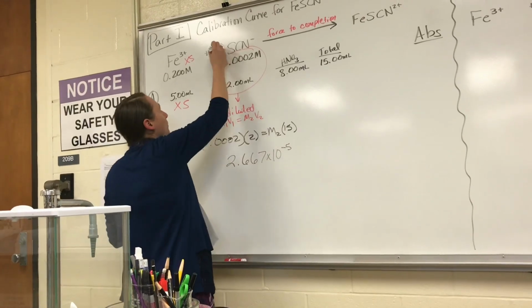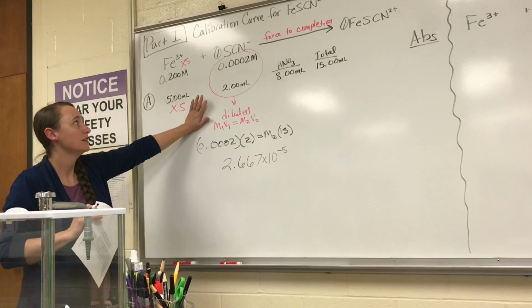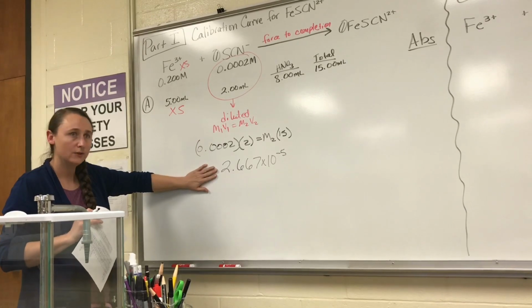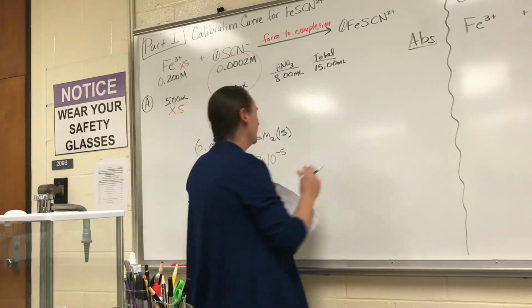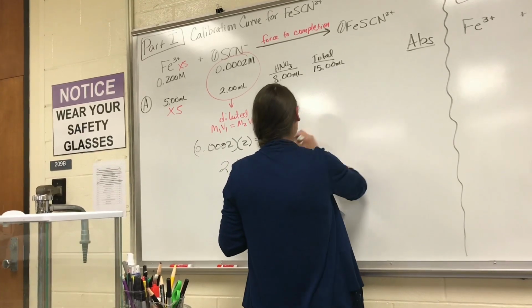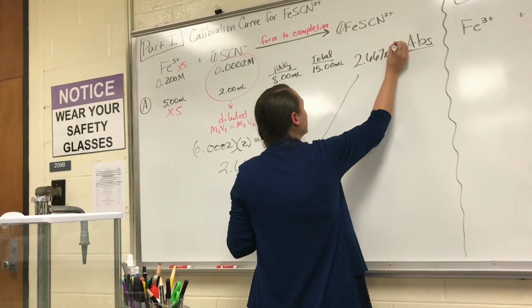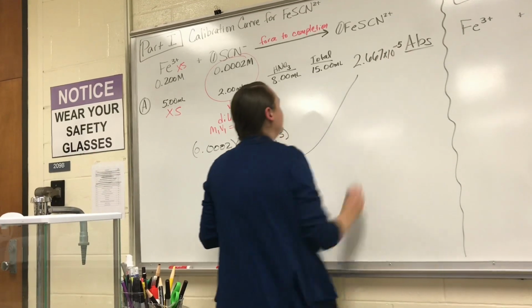This is a 1-to-1 ratio, so however much thiocyanate you added, that is how much iron thiocyanate is produced. So the concentration here would be 2.667 times 10 to the negative 5.